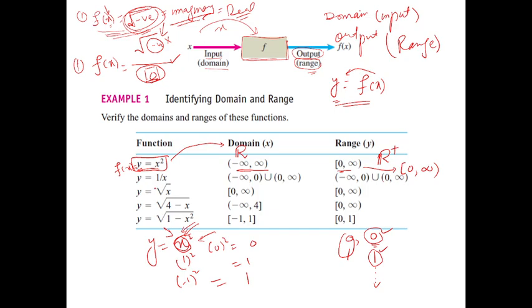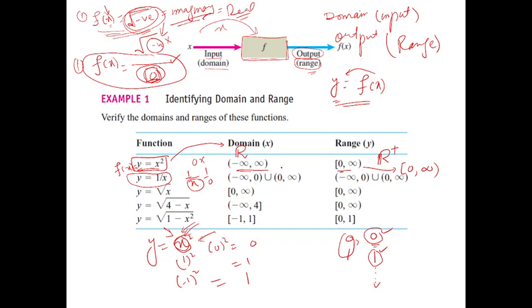Okay. Now the second one, y is equal to 1 over x. 1 over x means you can put any value except 0, because this will violate this condition. As I have told you, there should never be 0 in the denominator. But here it is x, and when you replace this x by 0, this becomes 1 by 0, so avoid this 0. Other than this 0, you can put positive values, negative values, any value.